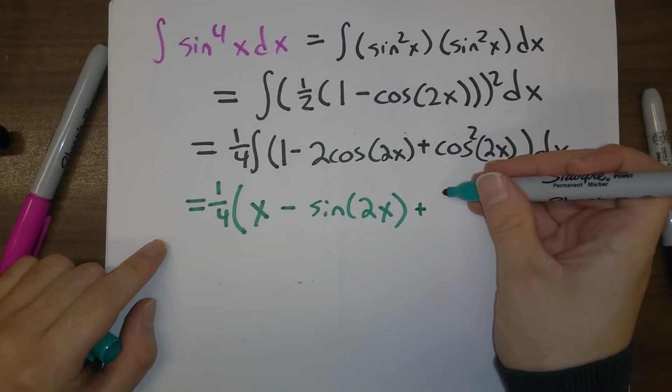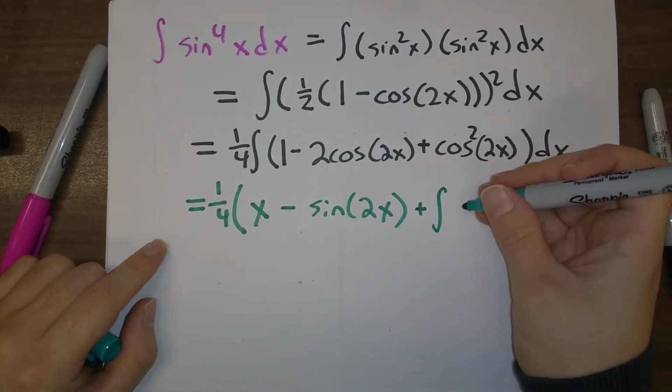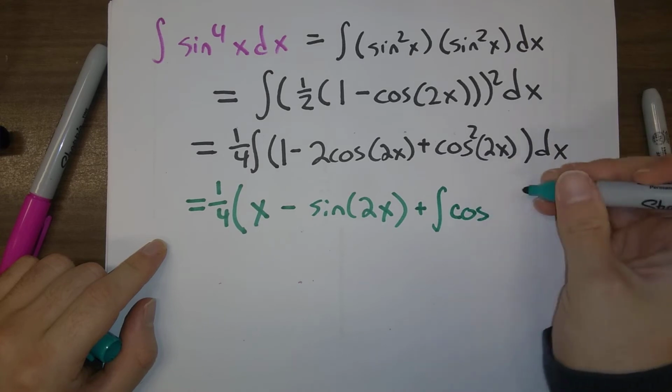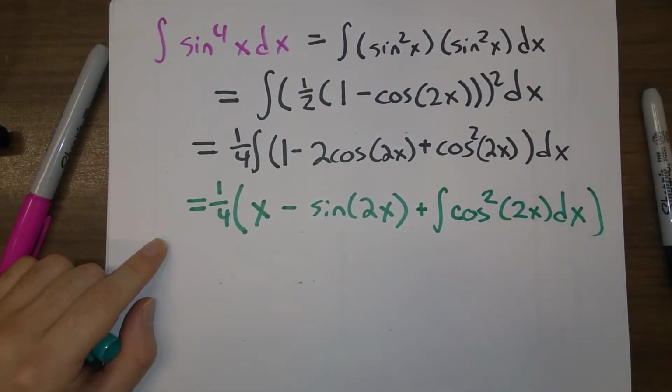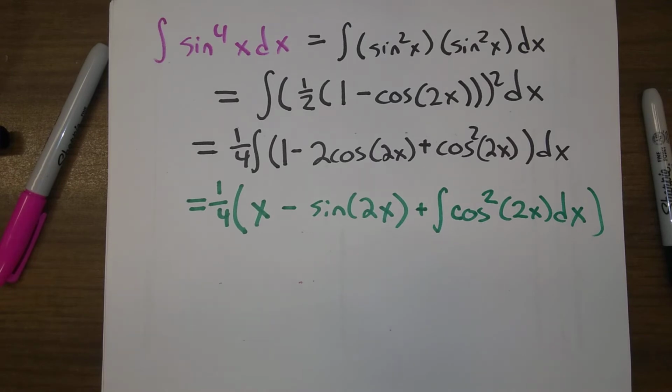That leaves us with one more antiderivative to evaluate: the antiderivative of cosine squared of 2x.